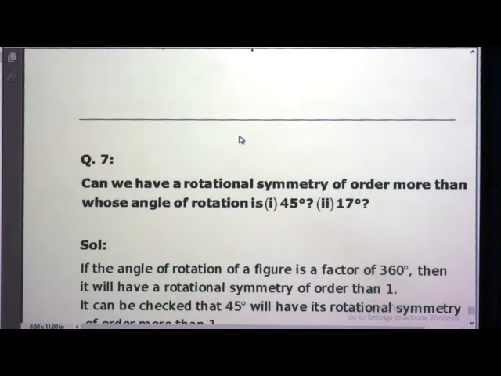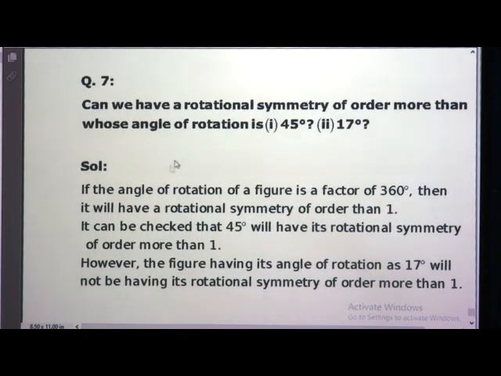Can you have a rotational symmetry of order more than 1 whose angle of rotation is 45 degrees and 17 degrees? If the angle of rotation of a figure is a factor of 360 degrees, as we saw with the 6 rotations where each angle was 60 degrees, then it will have a rotational symmetry of order more than 1.